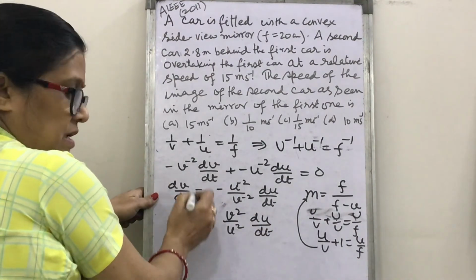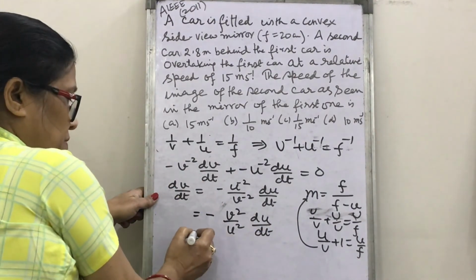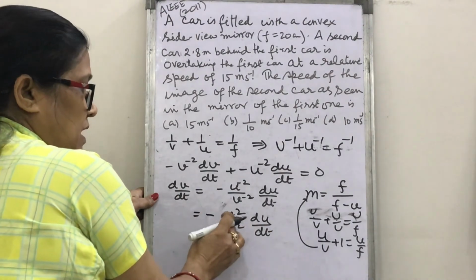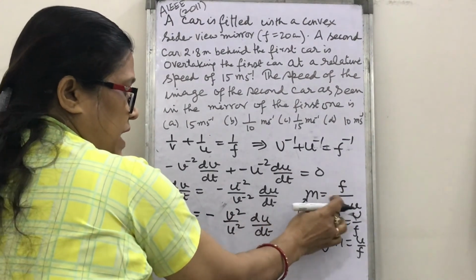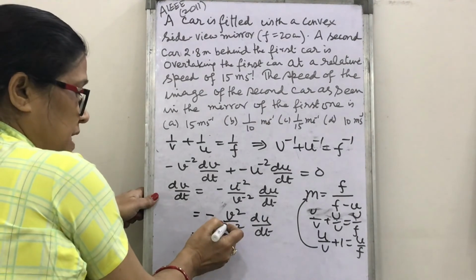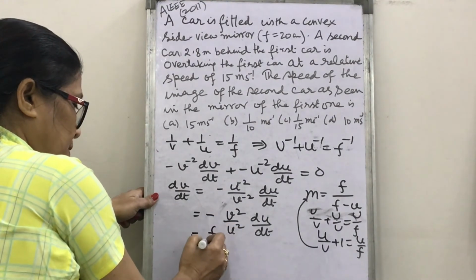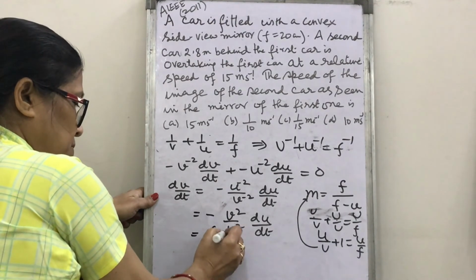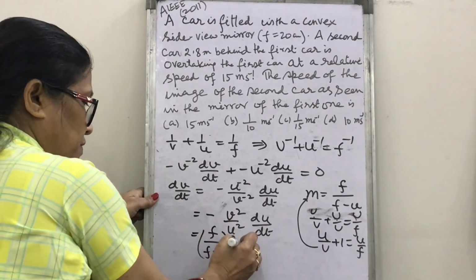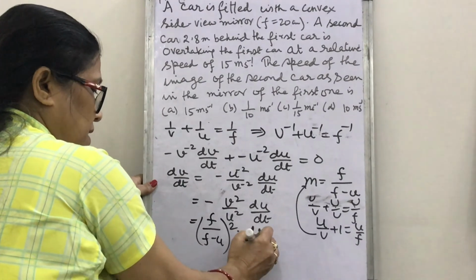You have to calculate this dv by dt, then you can write this value as m, which is f upon f minus u. So this is f upon f minus u, its whole square into du by dt.